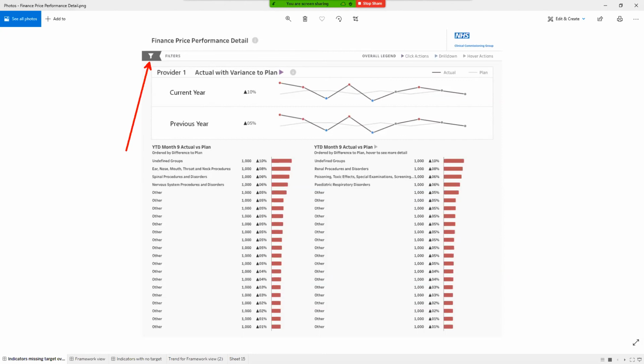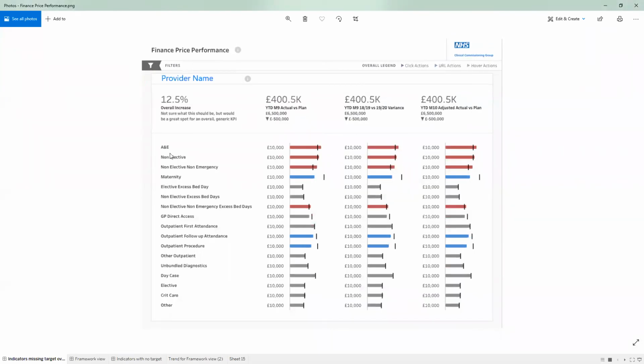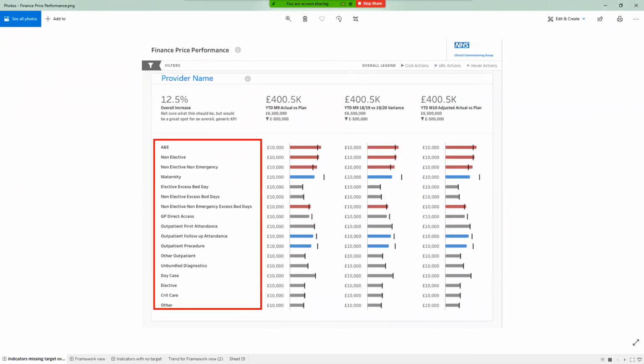In this view, they can just click the filter item and select those two providers together and get the aggregated view.